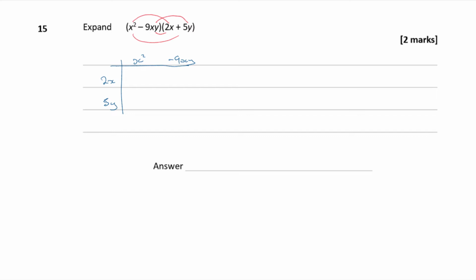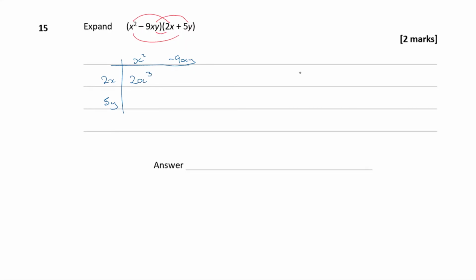So 2x times x squared is 2x cubed. 2x times minus 9xy, that's going to give me negative 18x squared y. 5y times x squared, that's going to give me 5x squared y.